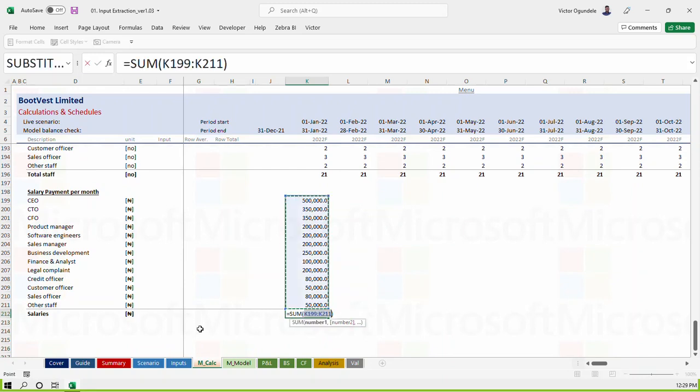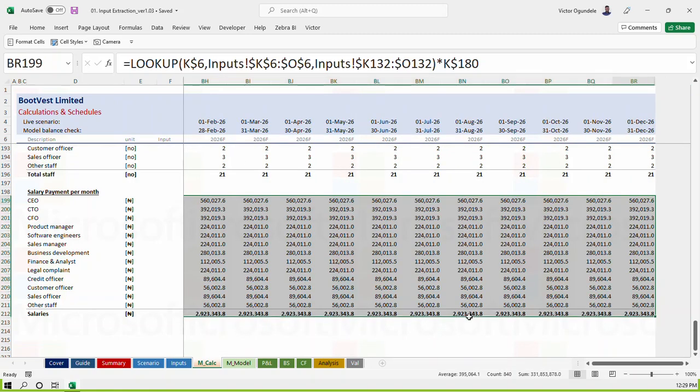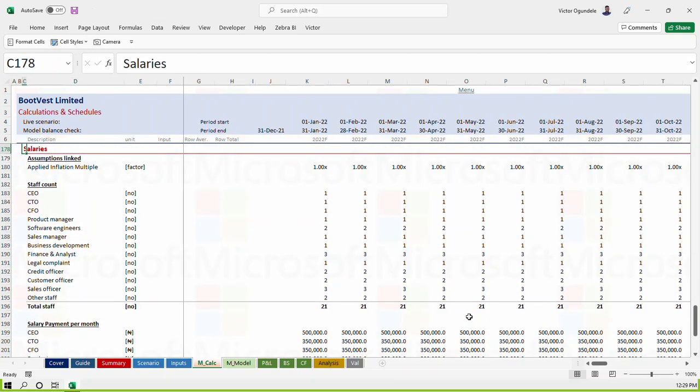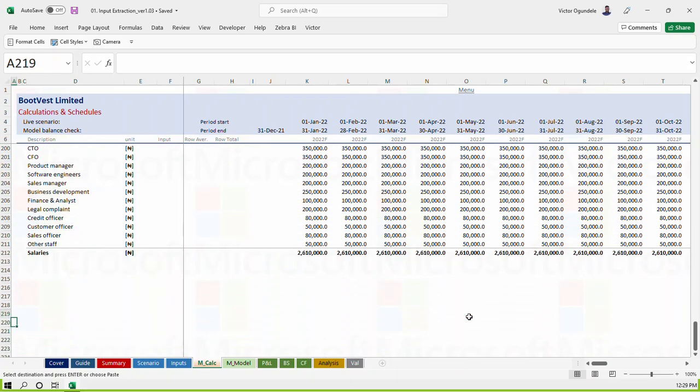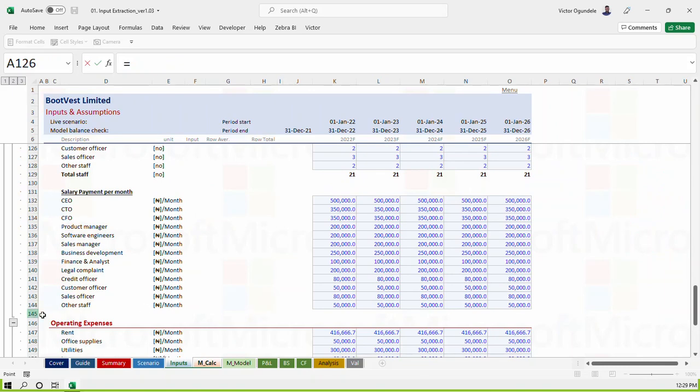Okay, so let me sum everything together. Let's be sure everything is correct. We've multiplied everything by the inflation multiple, and I think this is good. So for the other operating expenses, let's create that.